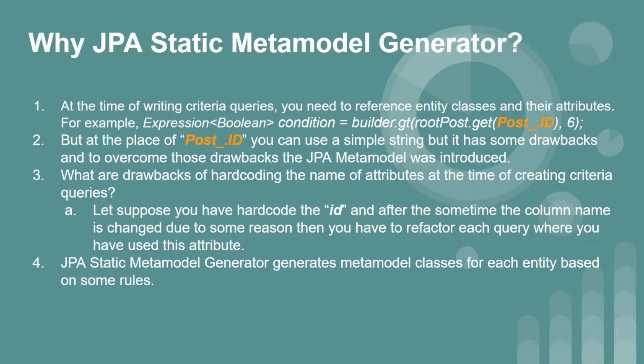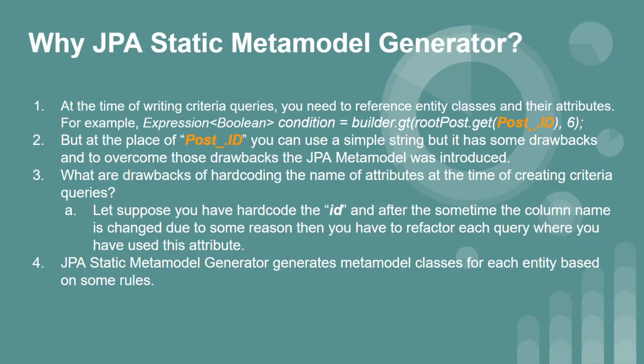For example, here Post_.id is referring to the id attribute of the Post entity. In place of Post_.id, you can simply use id in double quotes, but it has some drawbacks, and to overcome those drawbacks, the JPA metamodel was introduced. Let's understand what those drawbacks are.